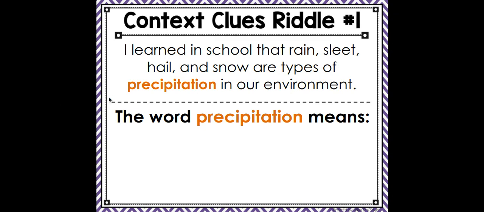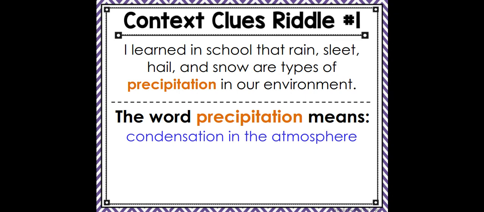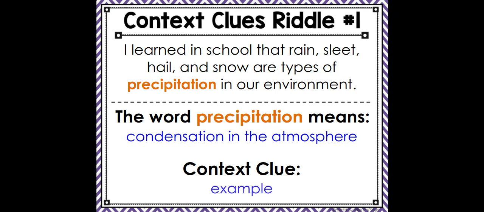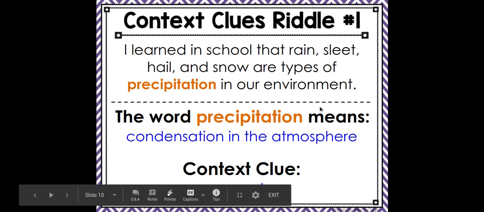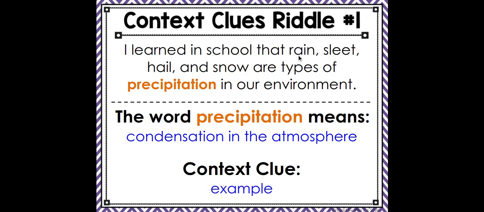Using context clues, what do you think the word precipitation means? It means condensation in the atmosphere. The context clue are examples. In the sentence, we have examples of precipitation: rain, sleet, hail, and snow.